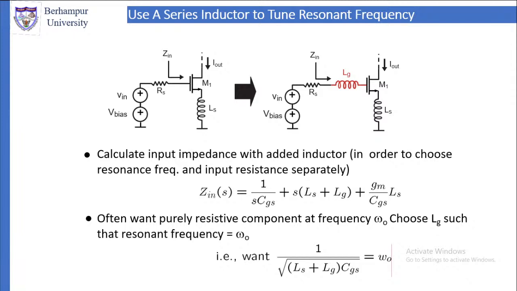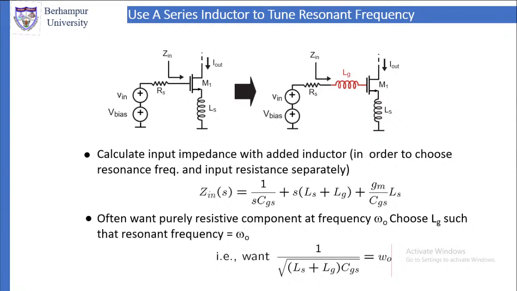In order to choose the resonant frequency and input resistance separately, you will do this. Often we will require a pure resistive component at frequency omega 0. So choose Lg such that at the resonant frequency omega 0, 1 upon root over of Ls plus Lg into Cgs is equal to omega 0.